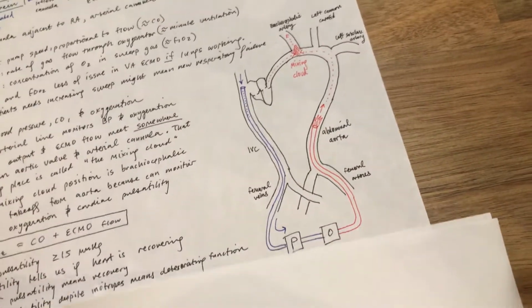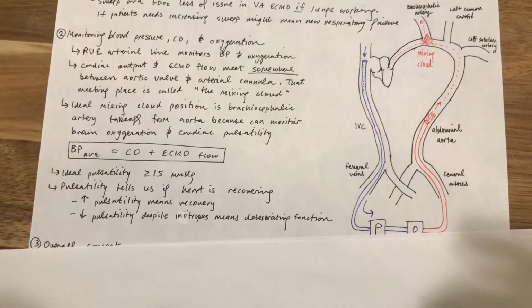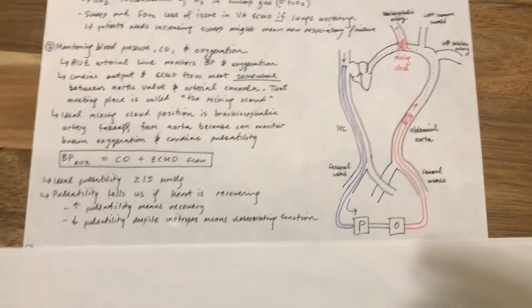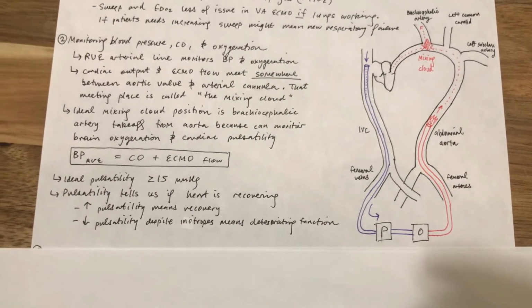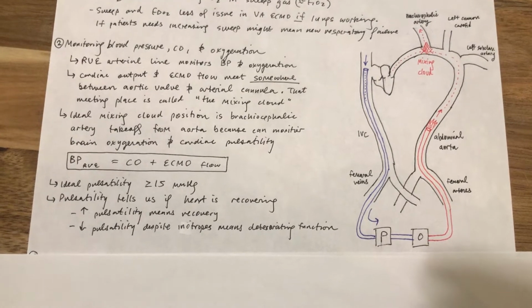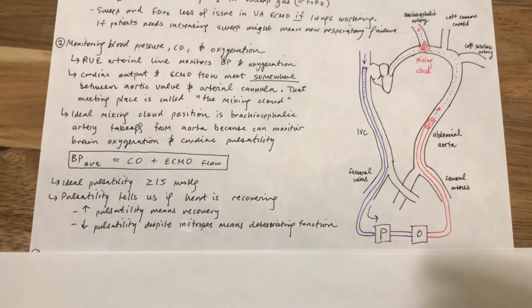Next, we're going to go into the most common configuration, which is right here. Why don't we go through the cannulas first? You see the inflow cannula in the central venous system, draining into the ECMO circuit, then going back up through the aorta.